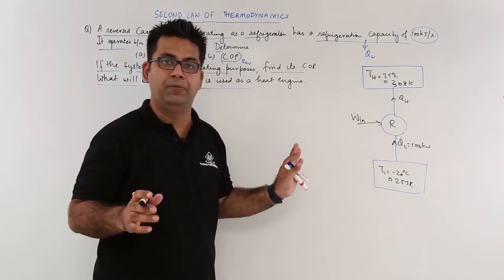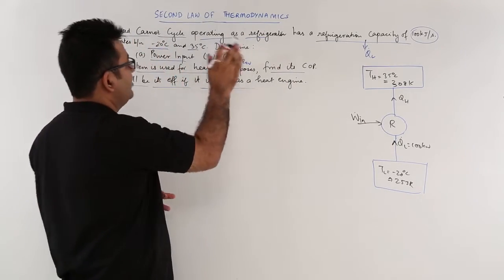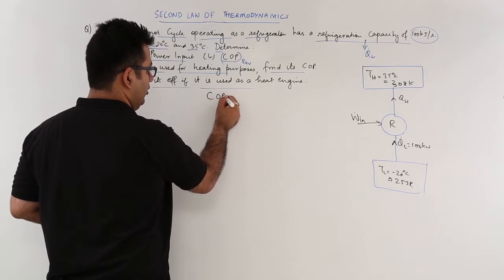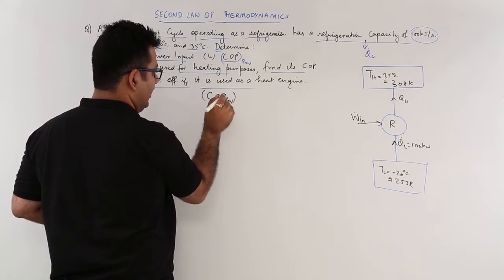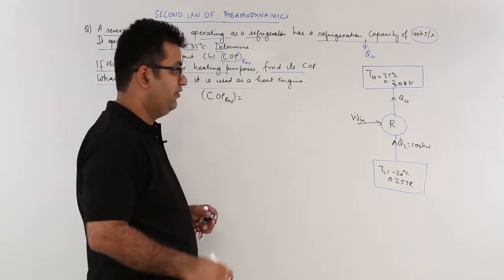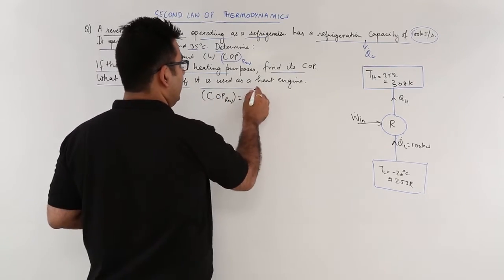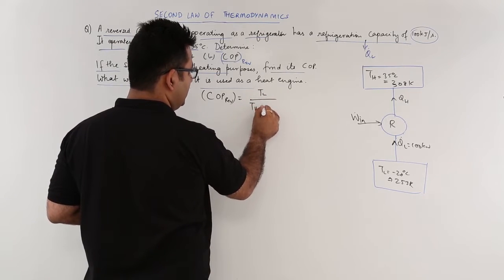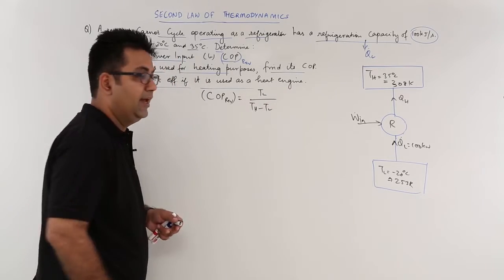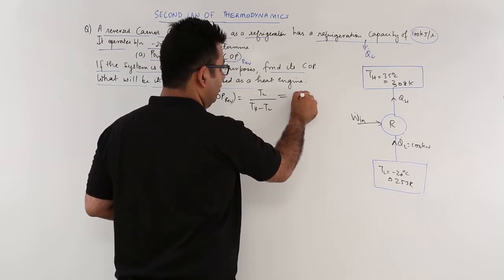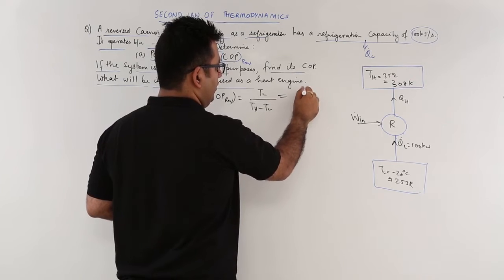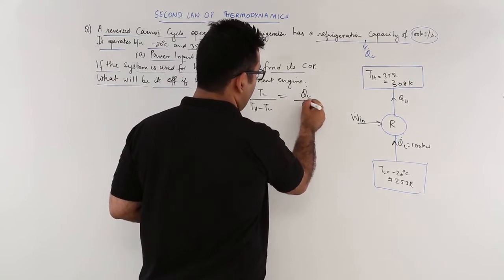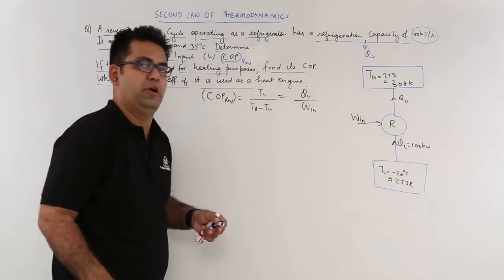Right now this is given to you, and we know it is a reversed Carnot cycle. So the COP of a reversed Carnot cycle is equal to TL upon TH minus TL, and this is further equal to the heat absorption rate upon the power input rate.